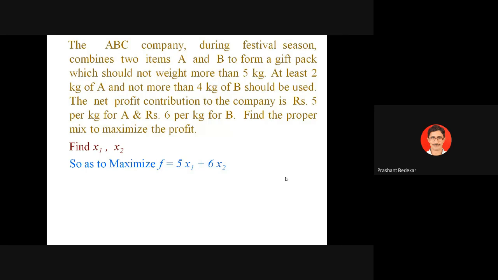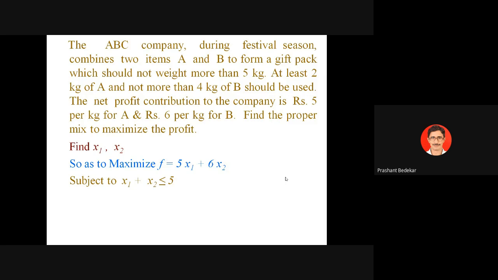X1 plus x2. And this x1 plus x2 should not weigh more than 5 kg. So it can weigh at the most 5 kg. Hence, x1 plus x2 should be less than or equal to 5. This is first constraint, inequality constraint.